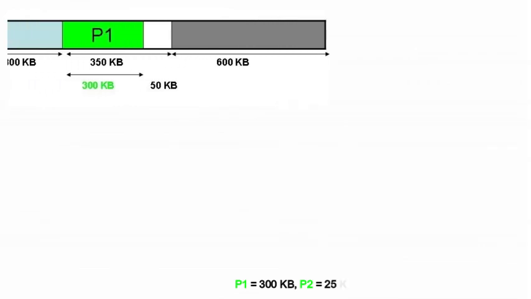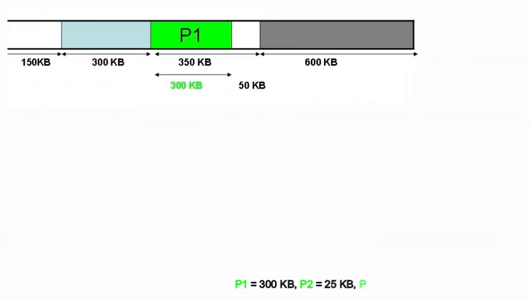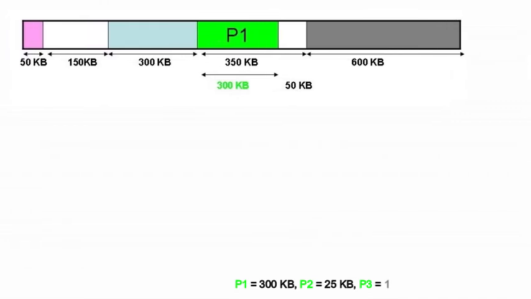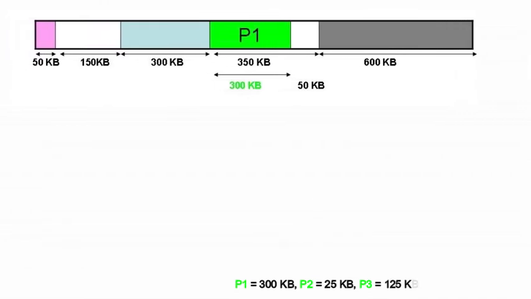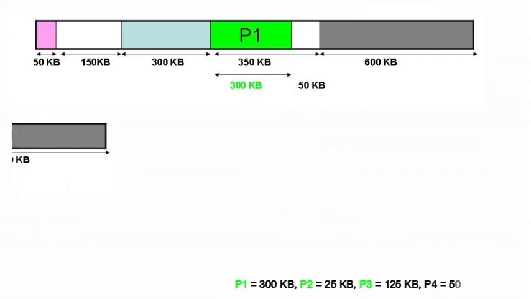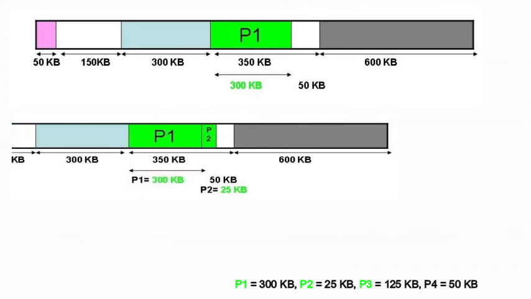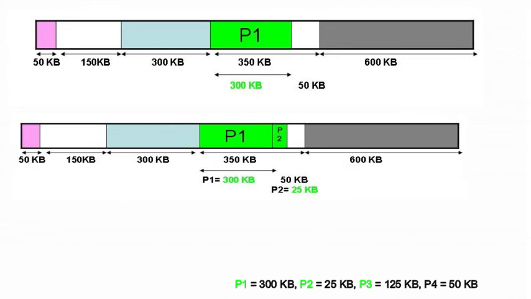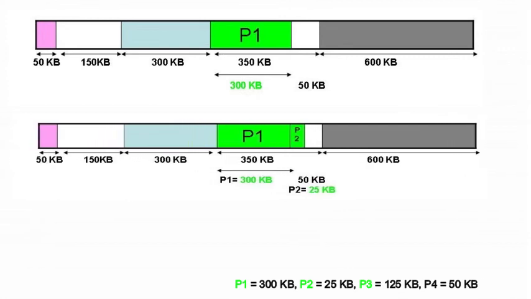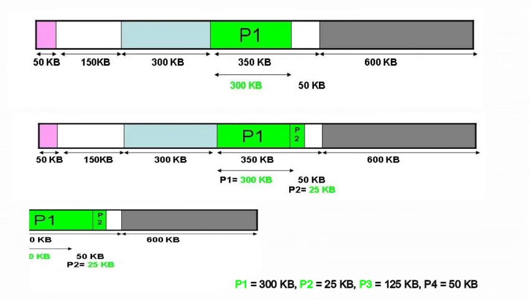With best fit, find the smallest size suitable to store P2. Here 150 is free and also 50 kilobyte free near P1. So 25 will be stored in the 50 kilobyte, and the rest remains free.